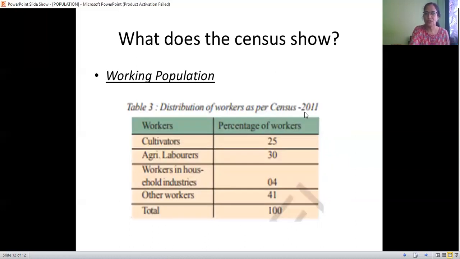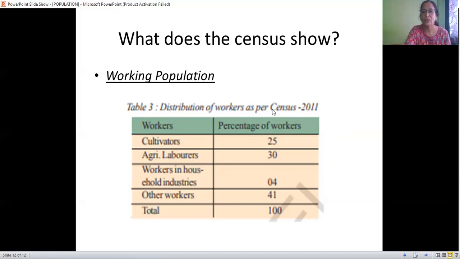Then the next, the census shows the working population. The working population includes the age group between 15 to 59 years. They might work throughout the year or a part of the year, depending on the availability of work. The Census of India groups them into the following categories. Cultivators are the workers who cultivate their own land.